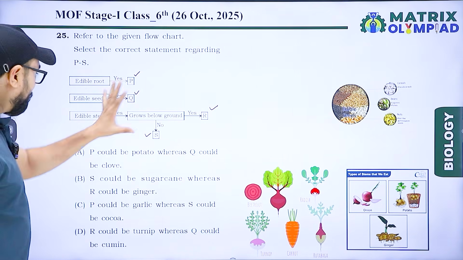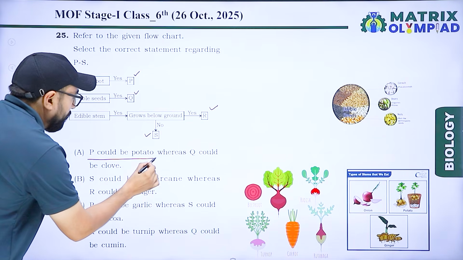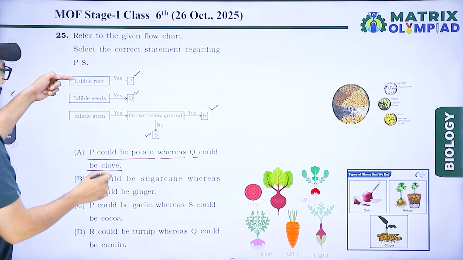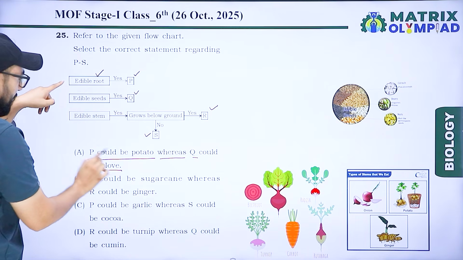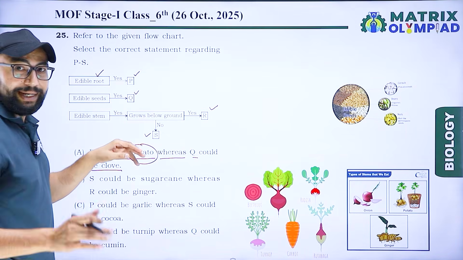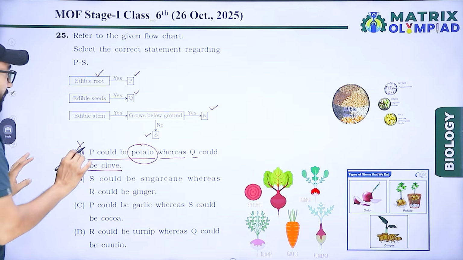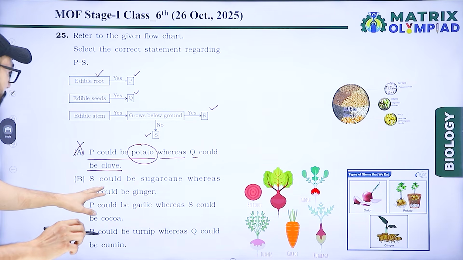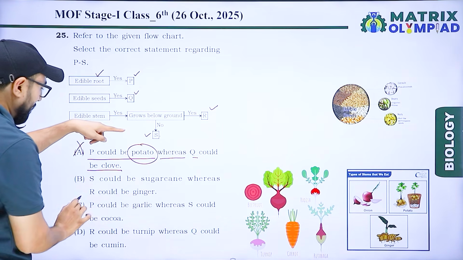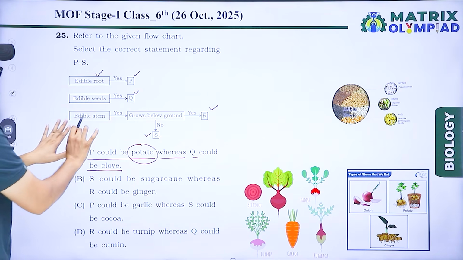According to this flow chart, option A says P could be potato, whereas Q could be clove. P is edible root, but potato is a type of stem. So option A is wrong. Next, S could be sugarcane, whereas R could be ginger.